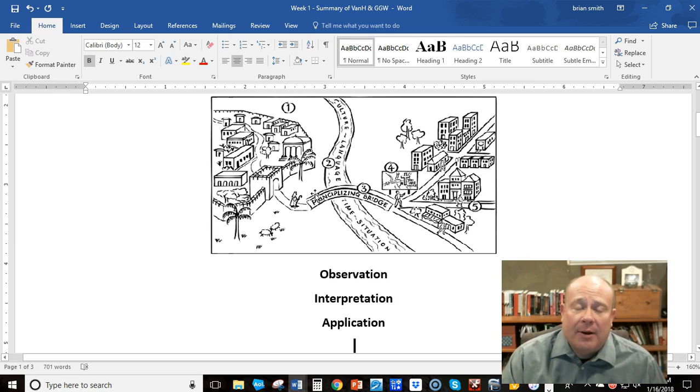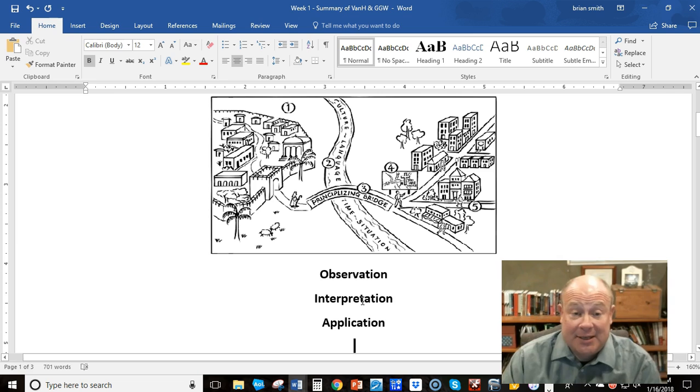Then, if you remember, if you've had studying and teaching the Bible, if you've read the Hendricks book, there's a real simple three-step process in Bible study. There's observation. What did the author write? What does it say? Then there is interpretation. What does it mean?